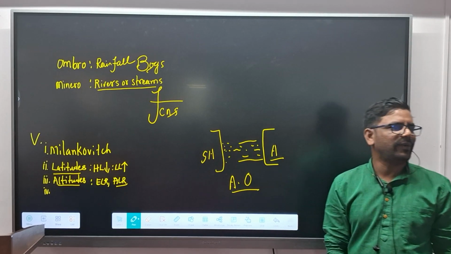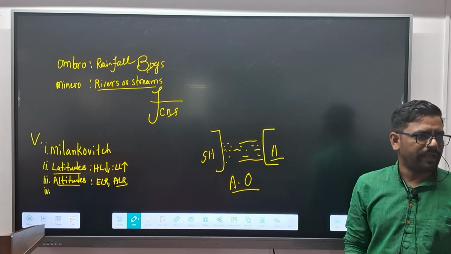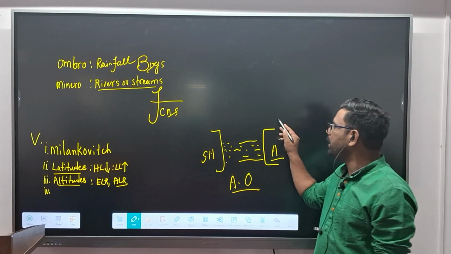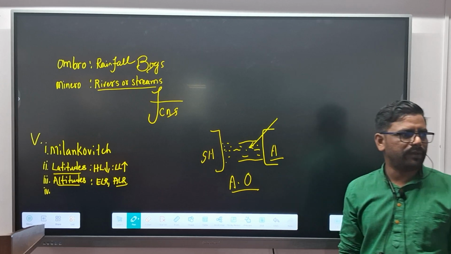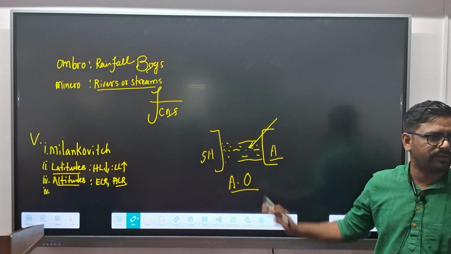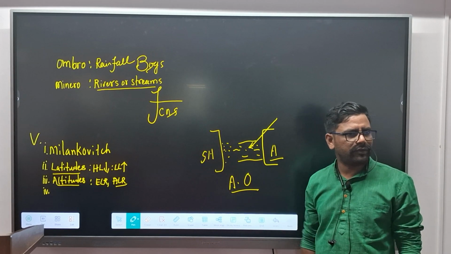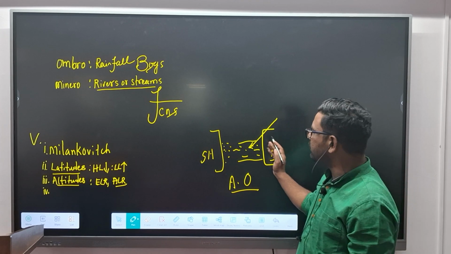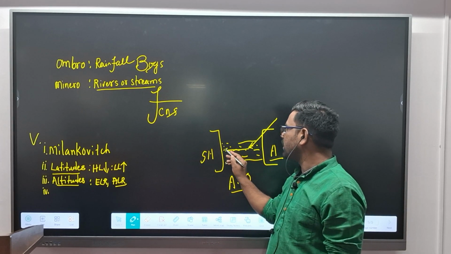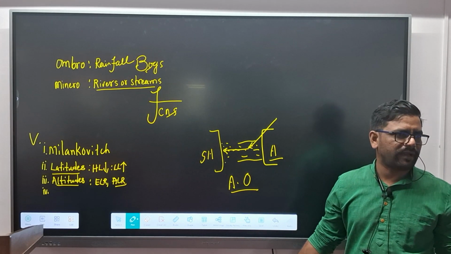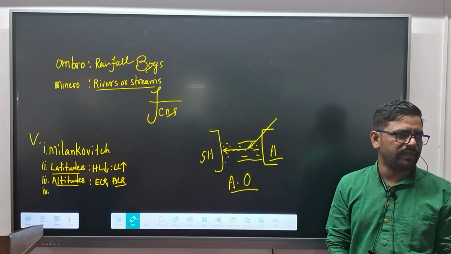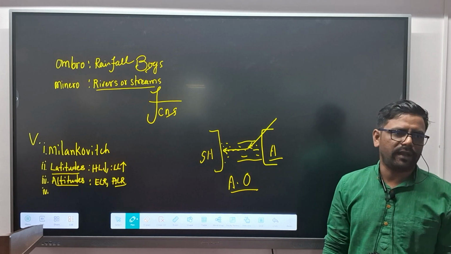Okay, Atlantic Ocean. Just assume the wind is blowing in this direction. What happens? It can push this water towards this side, right? It's possible. The stagnant water now gets motion and starts to move.